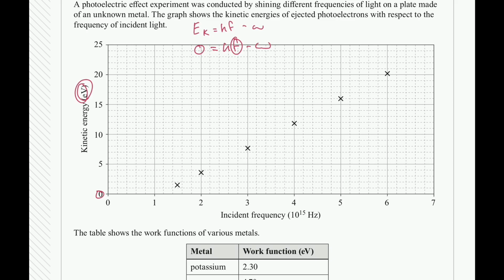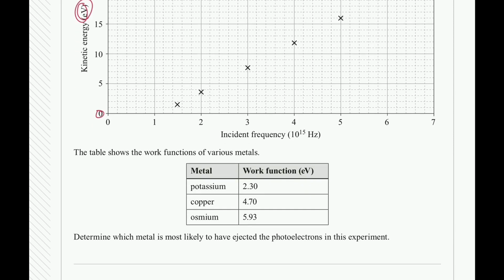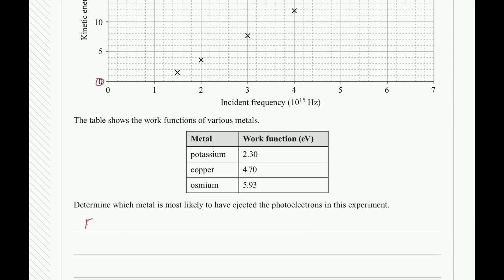What was the resultant incident frequency? Now, 0 electron volts is also the same as 0 joules, so I'll write down EK is equal to 0 joules.